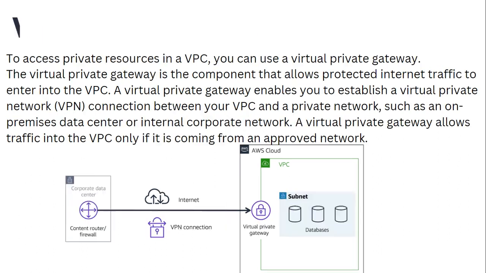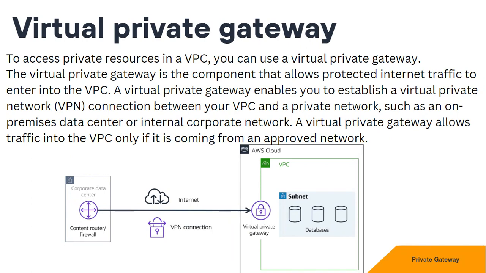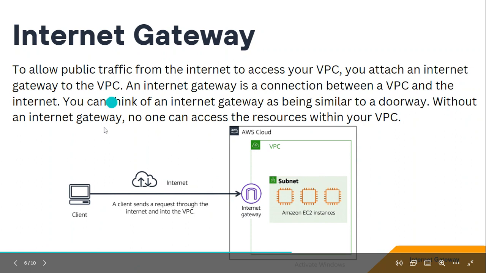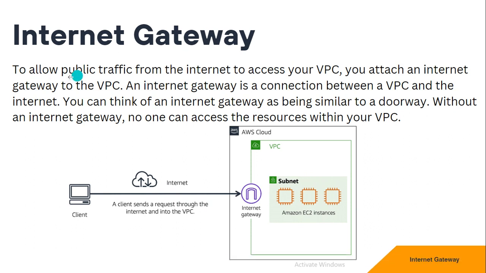Sometimes what happens, I don't want someone... Here you can observe there is no restriction. Anyone can access the resources I have inside the VPC. Here it says it's public traffic. But I don't want everyone from other networks to access the resources inside my VPC.